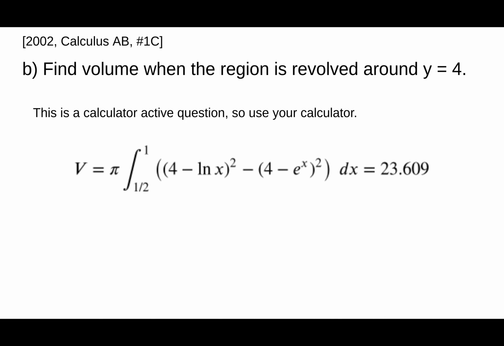If all you have is 23.609, the reader has no idea what you wanted your calculator to do or how you got this answer, and you would likely not earn any points. So when you have your calculator do something, remember, you want to do as much of the calculus setup as you can, and then the calculator will do the actual calculation.